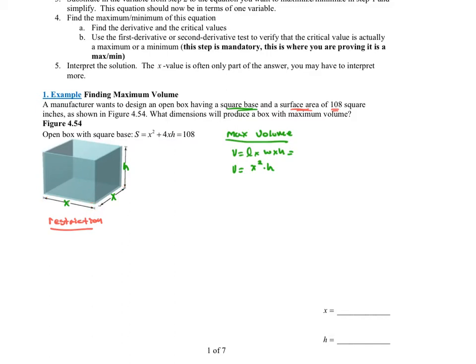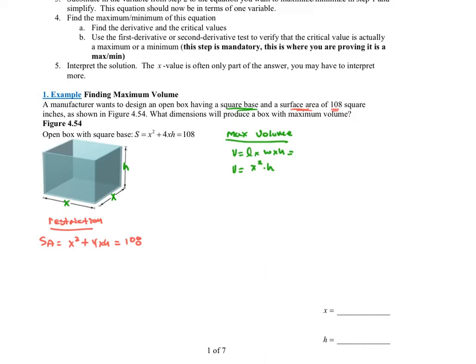So each one of those four faces would have an area of xh. So when I add those four together, I would have 4xh. So the surface area, which would be the bottom area, x squared, plus the four sides, 4xh, has to equal, is restricted to using 108 square inches of material.